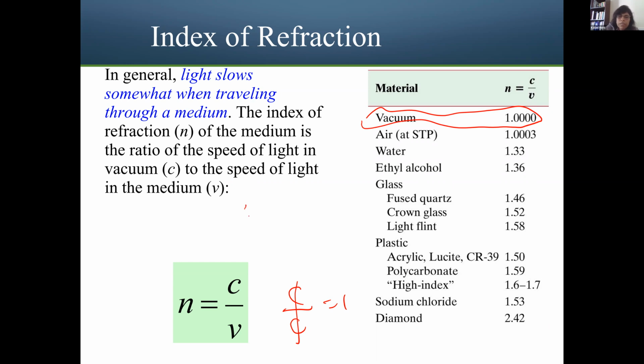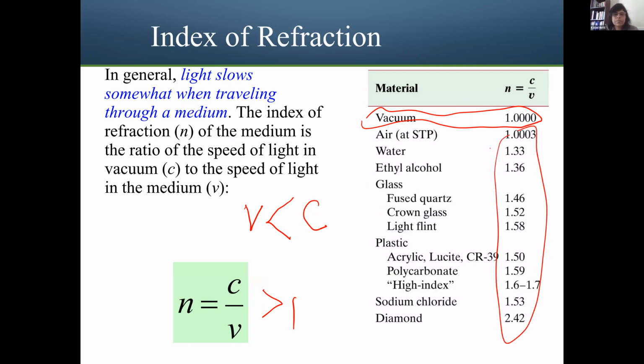Also, since V is always less than the speed of light, N will always be greater than 1, because your numerator is always greater than the denominator. Okay, all the numbers you can see here.